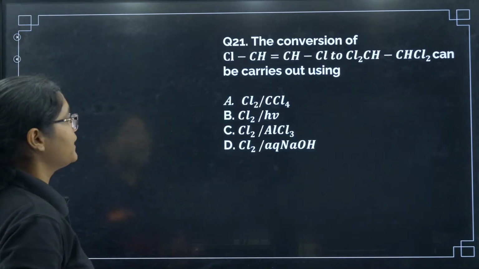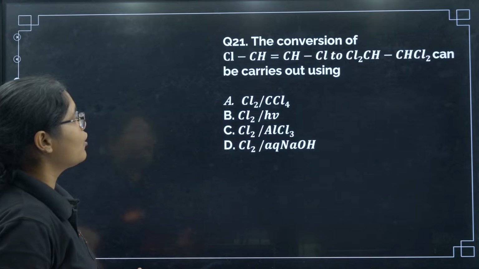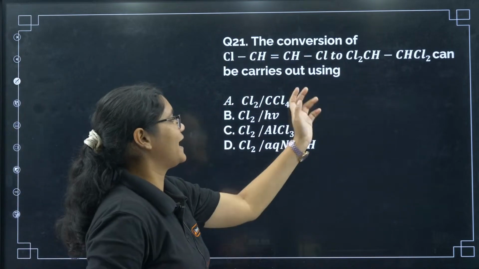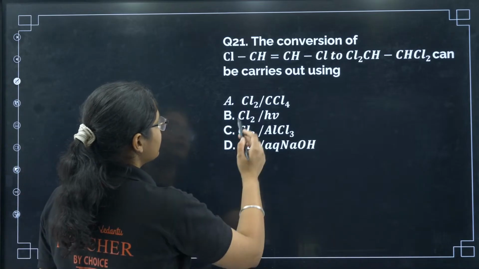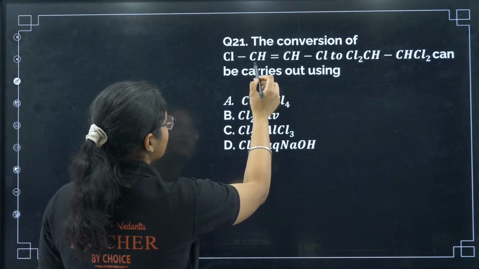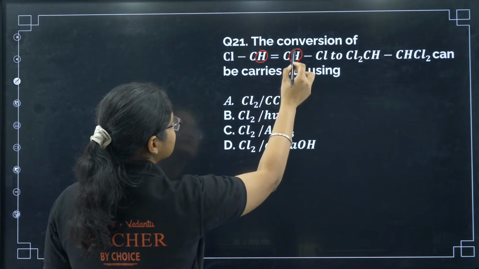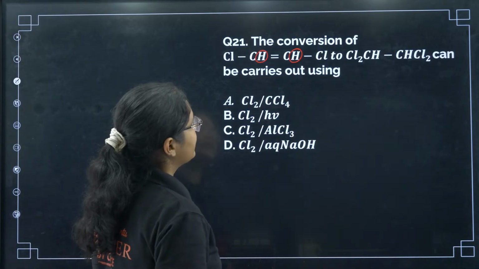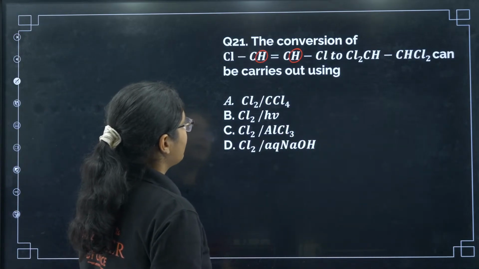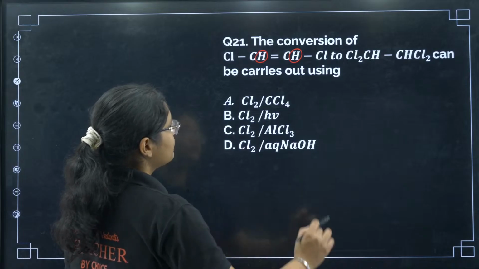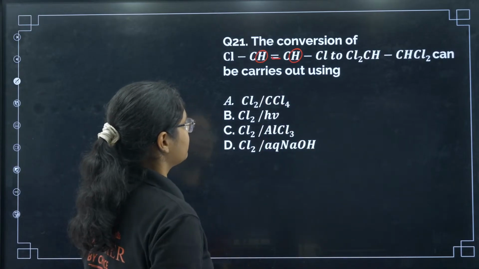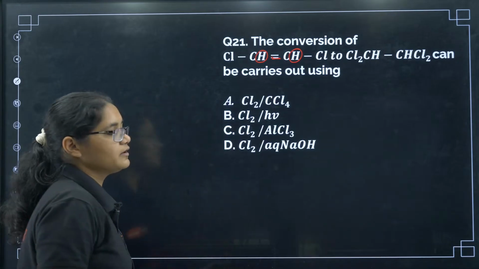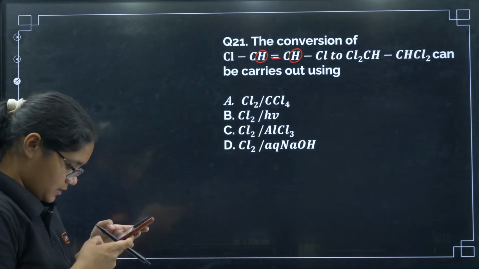Next, question number 21, the conversion of this one to this one can be carried out by. So what you are exactly doing here, you are replacing this double bond with Cl groups, right? So which reagent will be required for that?